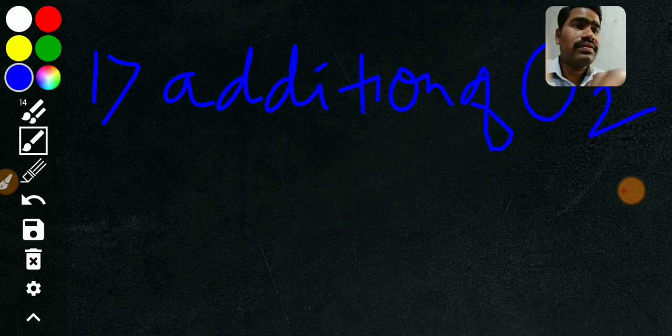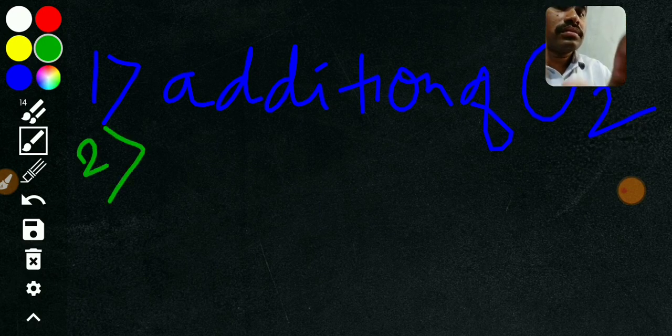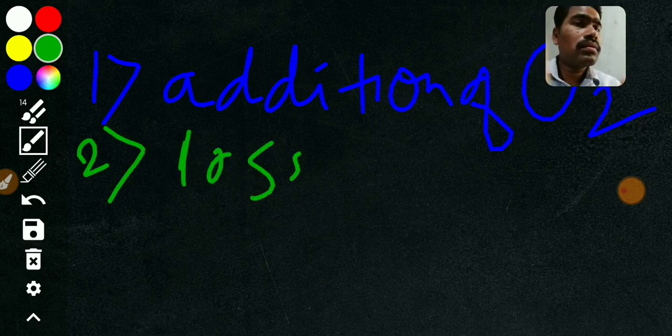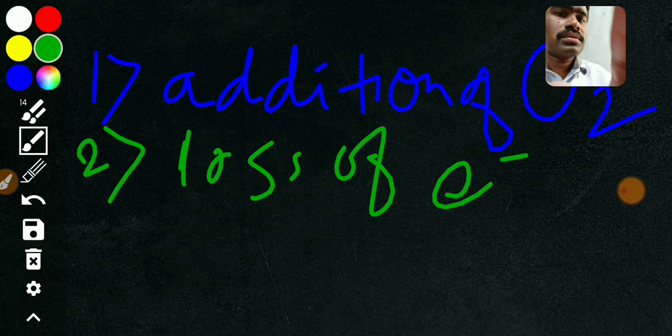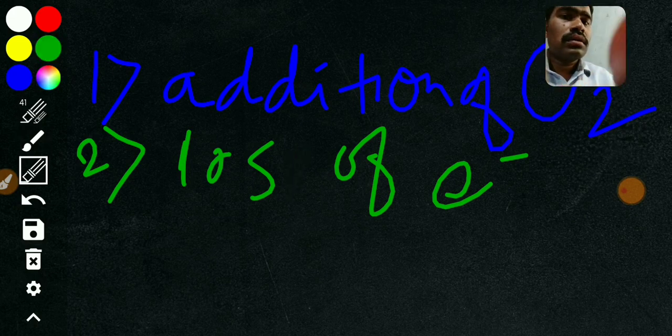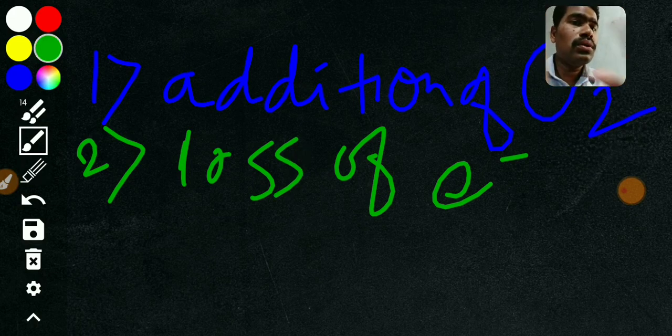The second definition is loss of electrons. If a substance loses an electron, then also it is called oxidation.